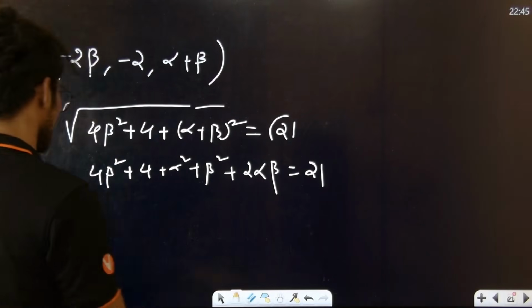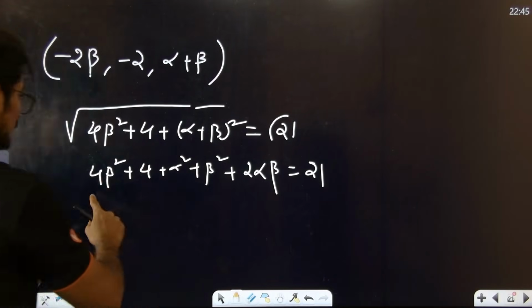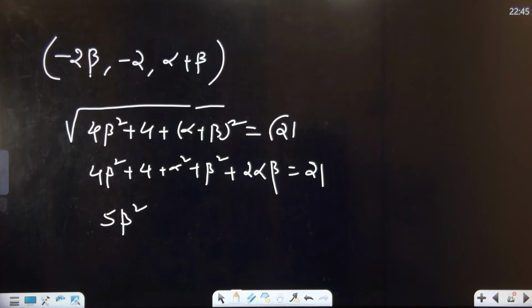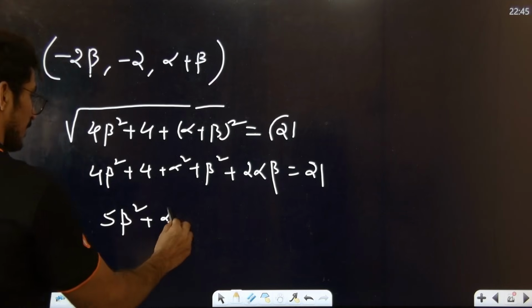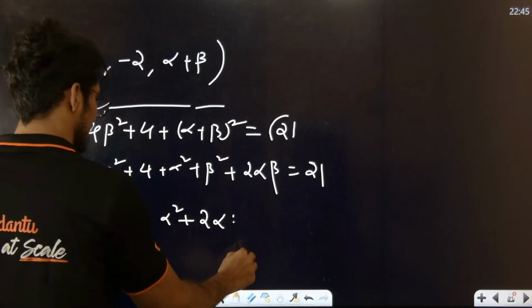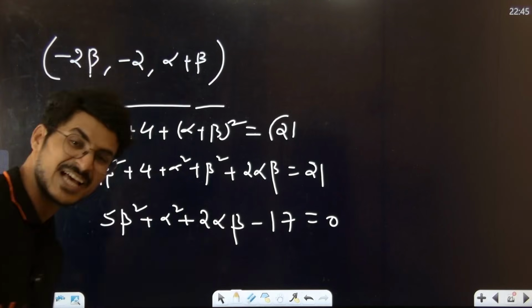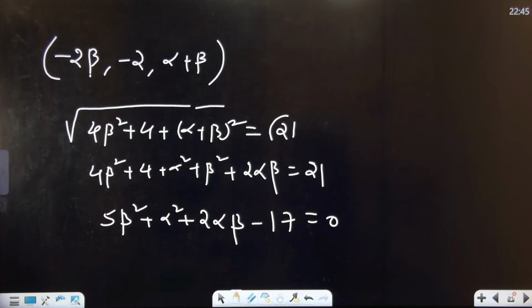Any doubts? Yes, sir. Now tell me here. 4 beta, so 5 beta square plus alpha square plus 2 alpha beta, and now 4, so minus 17 is equal to 0. Yes or no? Yes, sir. So what will we get from this?